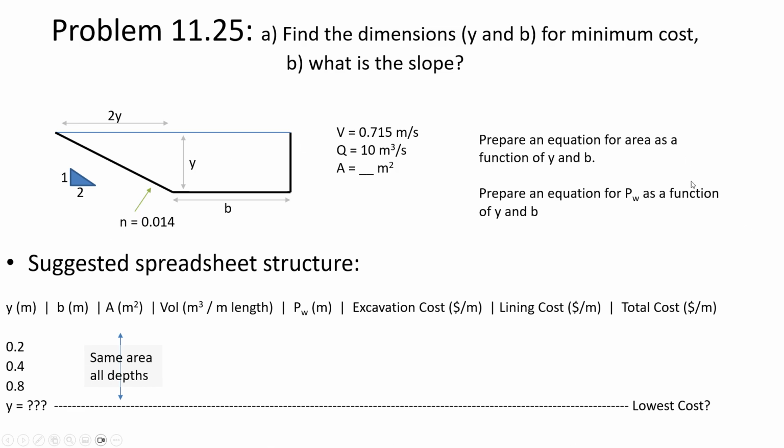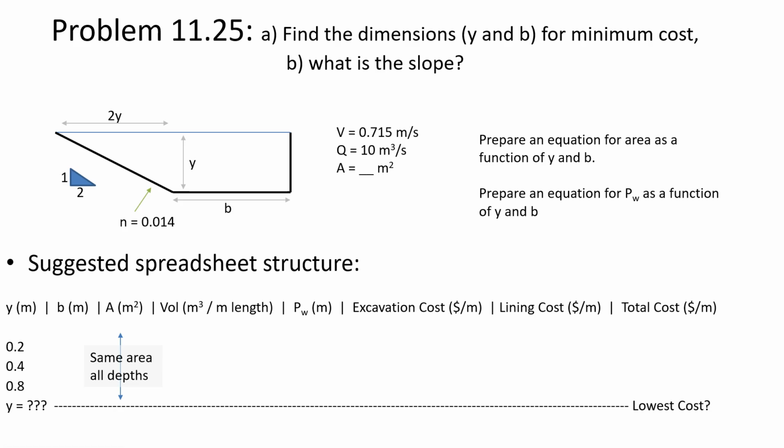You know, optimization, finding out how you can minimize expenses. And so iteration is sometimes where you have to make a guess. The guess being, what if the flow depth was this or that, and then finding out what are the implications of a certain condition. All right, so any questions about problem 1125?